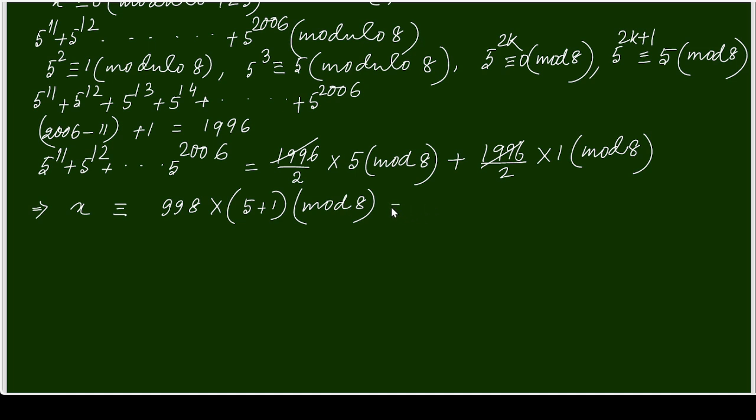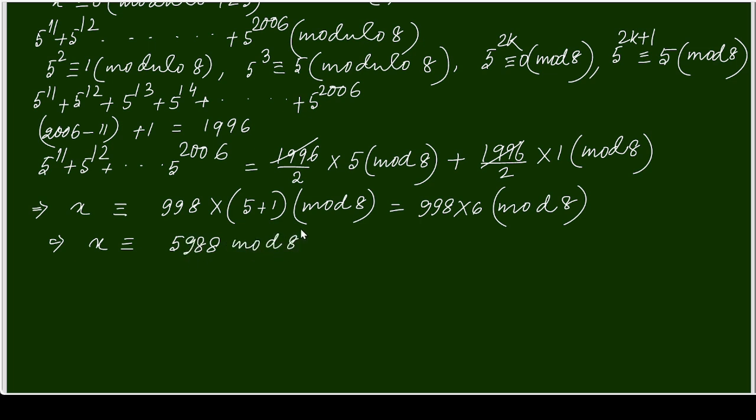So now let us multiply this 998 with your 6. Or x is congruent to 6 times 8, 48 carries 4, then again 8, then 54, and 4 is 5988 modulo 8.